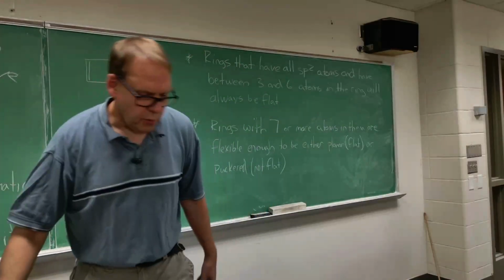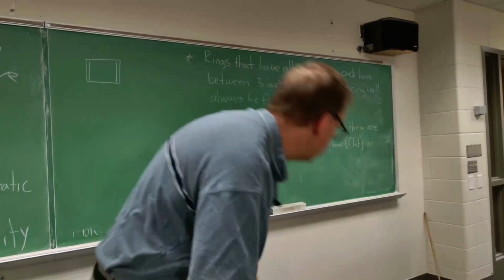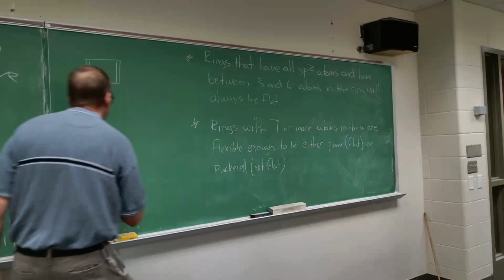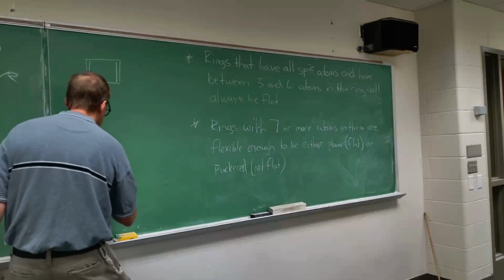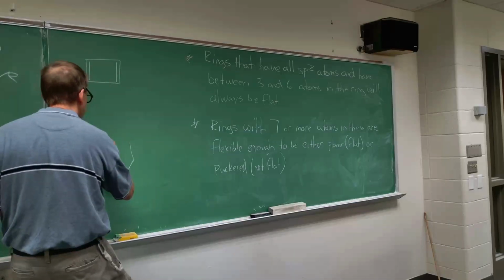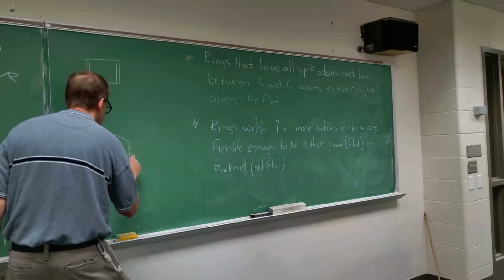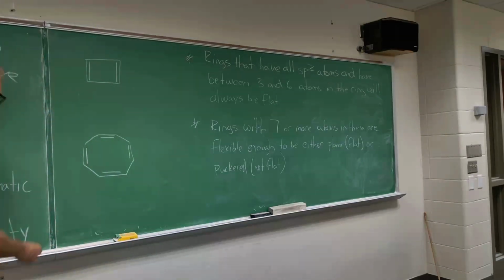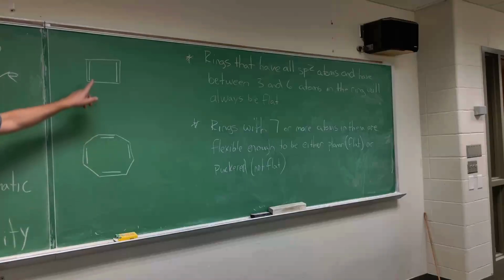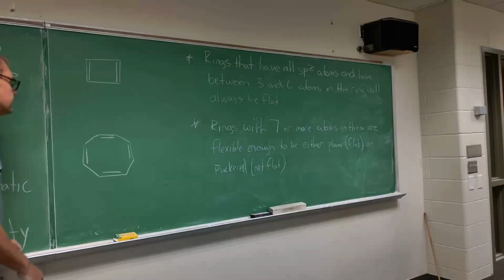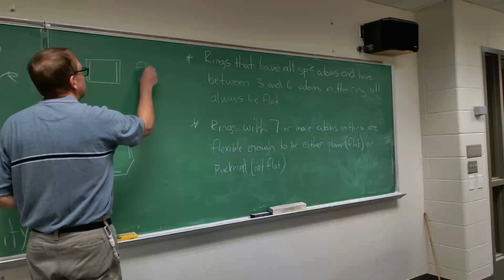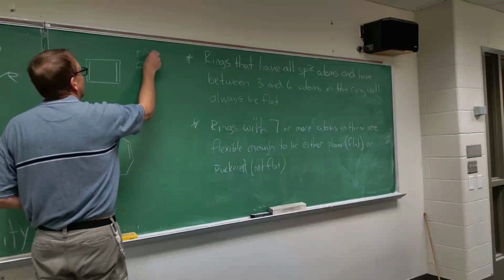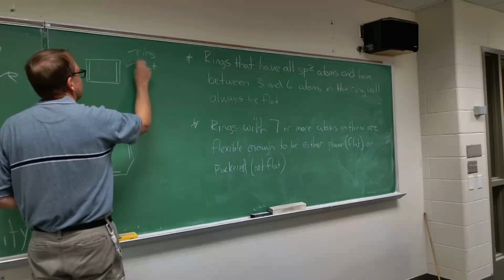So I want to show you an example with an 8-membered ring, just because this is another fun one to talk about. Here is a molecule called cyclooctatetraene, and it looks like a stop sign. It's an octagon. This one, because of its size, would be flat. It is a ring, it is flat.